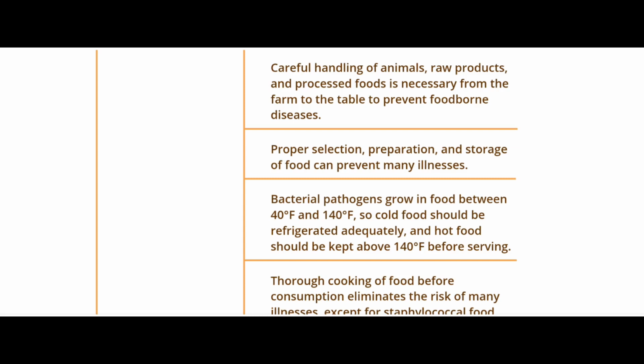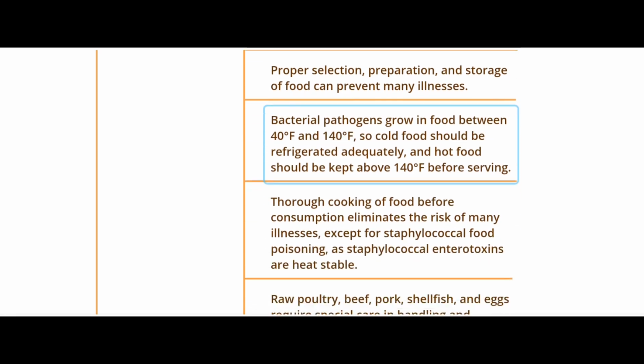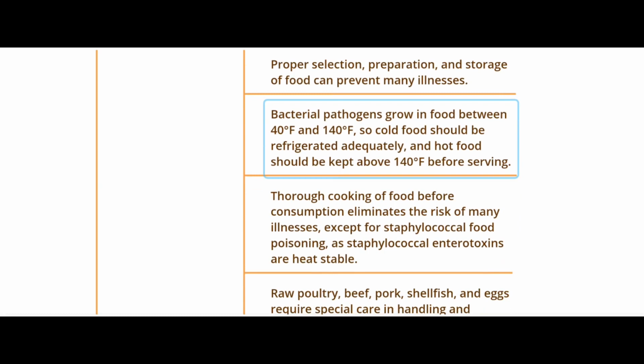Bacterial pathogens grow usually between 40 to 140 Fahrenheit, and usually it's around 20 to 30 degrees Celsius. It can grow even at 15 or 10 degrees Celsius if left for a long time. So, hot food should be kept above 140 Fahrenheit in the United States books.